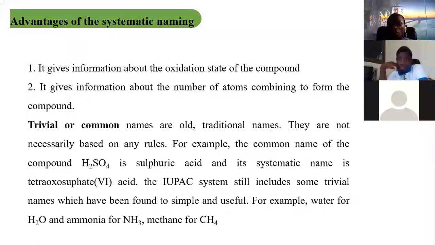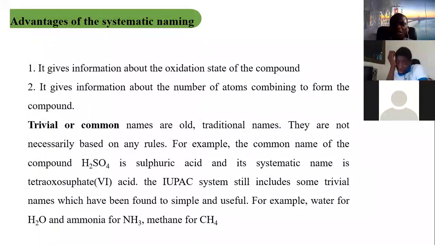So the IUPAC name for H2O is water. Even though water is a common name initially, it's now been accepted as the IUPAC name, so that nobody goes about naming H2O as hydrogen oxide. No, that's wrong.